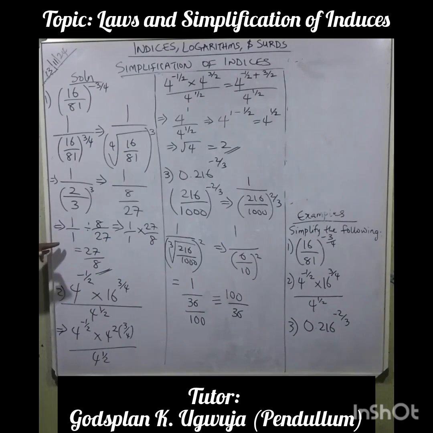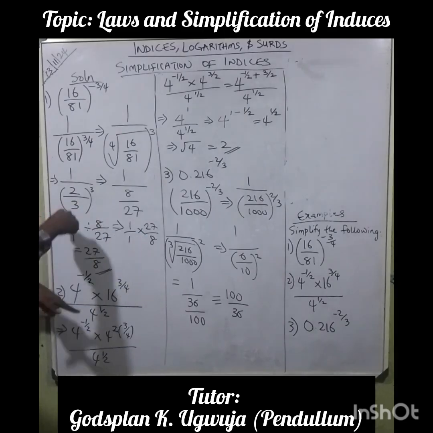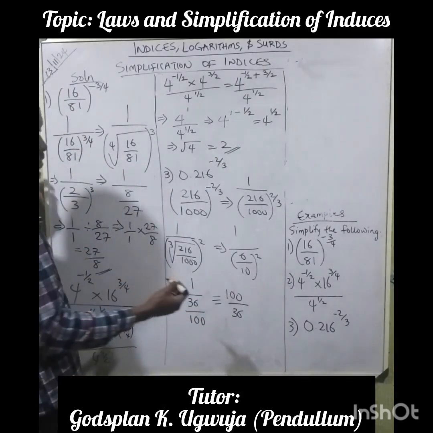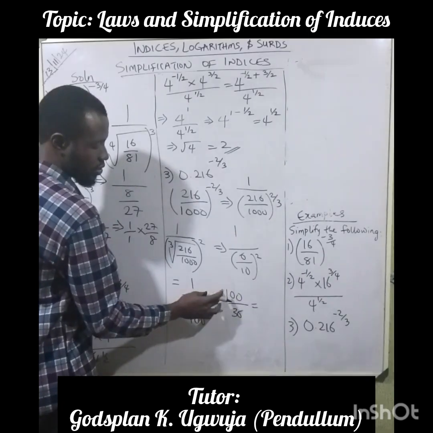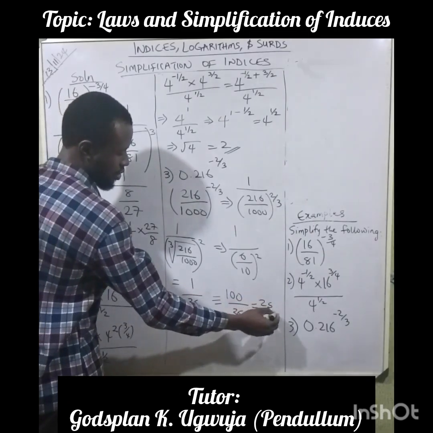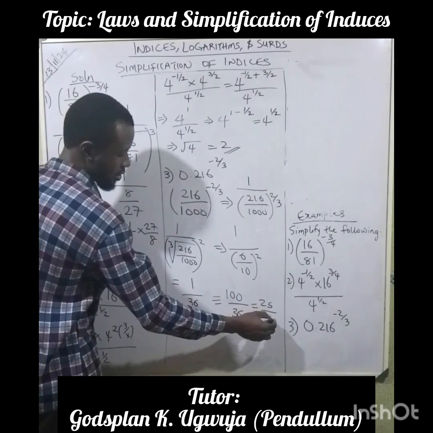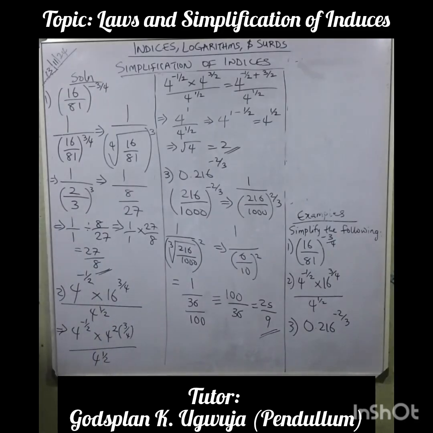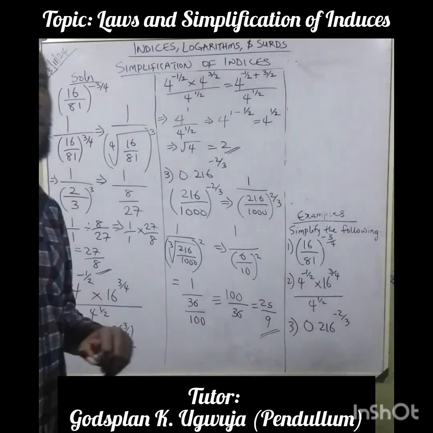I've already shown it to you here. You can divide it, then change the division sign to multiplication and invert it. So you have 100 over 36, which if you reduce by 4, 100 divided by 4 is 25 and 36 divided by 4 is 9. So this should be your answer, 25 over 9.